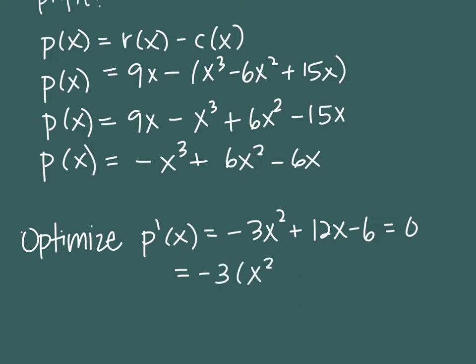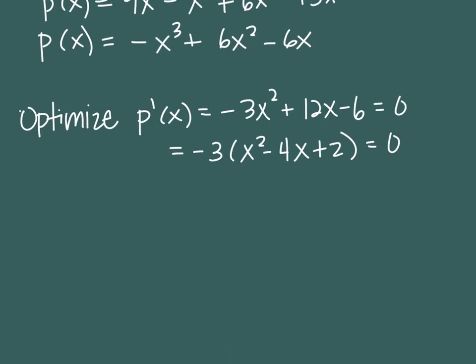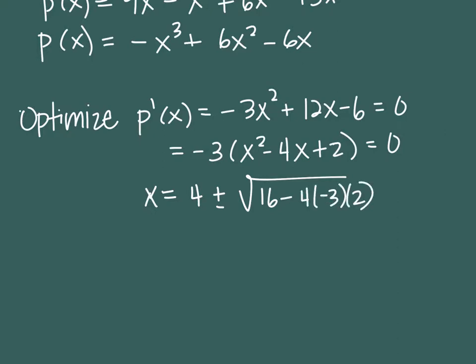That leaves me with x squared minus 4x plus 2, which does not factor, which means I need the quadratic formula. So x equals 4 plus or minus the square root of 16 minus 4 times negative 3 times 2, all over negative 6. So 4 plus or minus the square root of 16 plus 24.